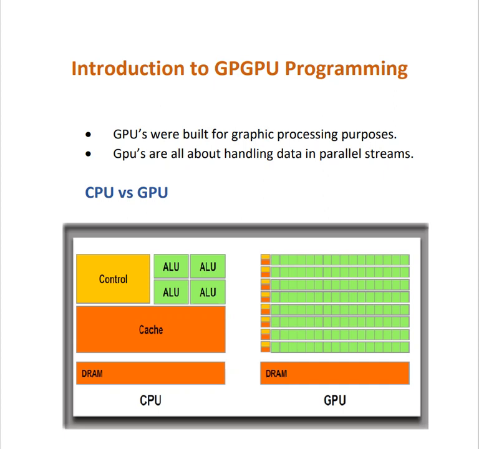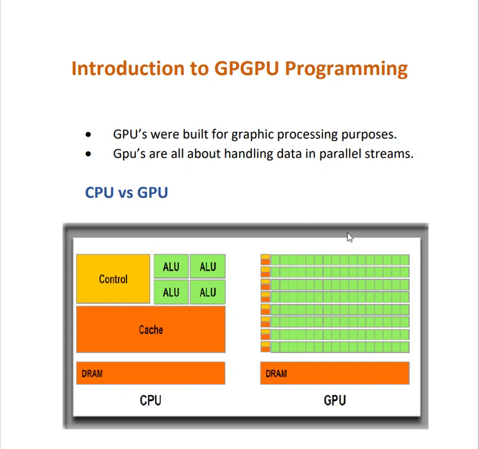So the other difference is that both CPUs and GPUs have ALUs, that means arithmetic logic units. But the number of ALUs in a CPU is very small compared to the number of ALUs in a GPU. Even in this figure we can see that the CPU image has only 4 ALU units.